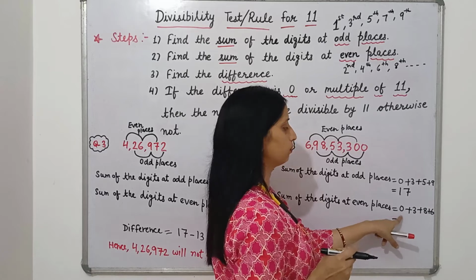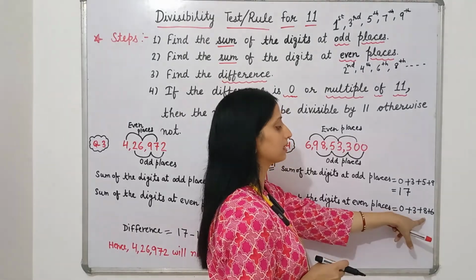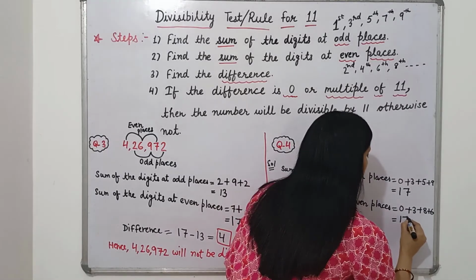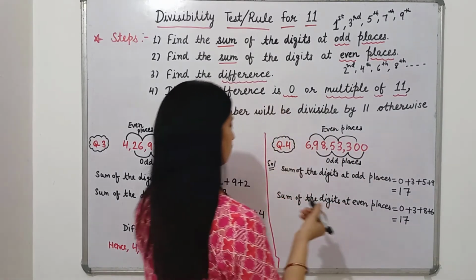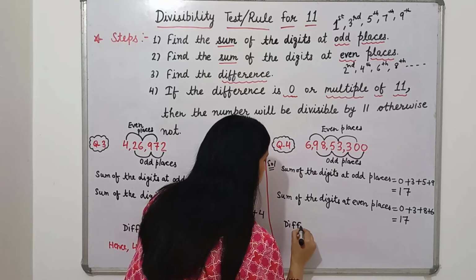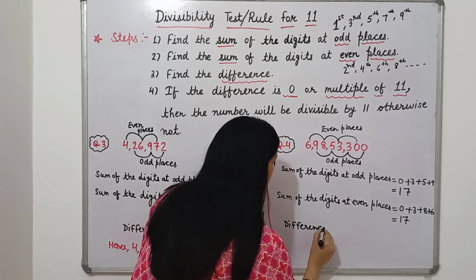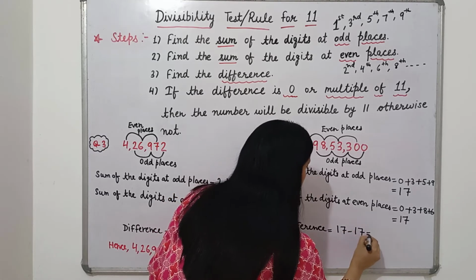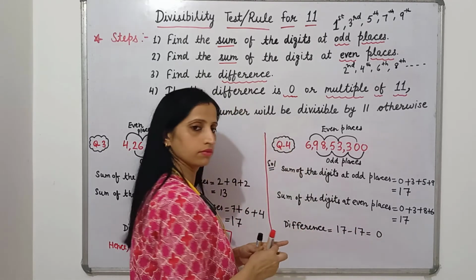Let's add 0 plus 3. Again it will be 3. 3 plus 8 is 11 and 11 plus 6 is 17. Now let's find out the difference. Difference will be 17 minus 17 and it will be 0.